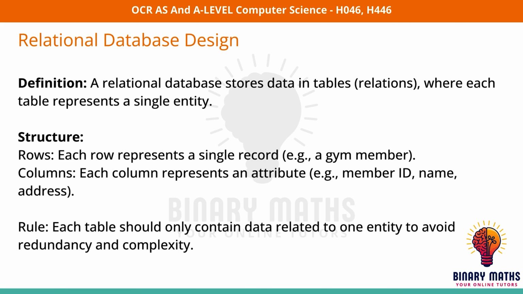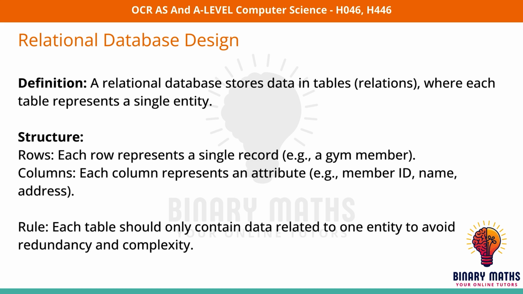First, let's talk about relational databases. In a relational database, data is stored in tables, known as relations. Each table represents a single entity, like a person, a product, or in our example, a gym member.